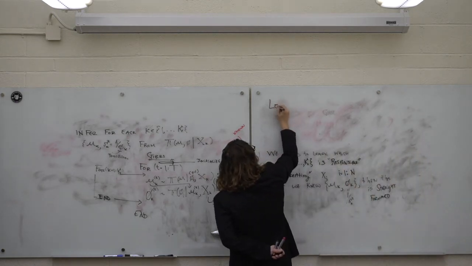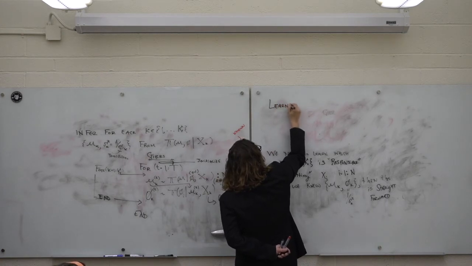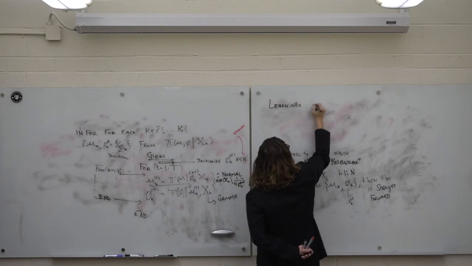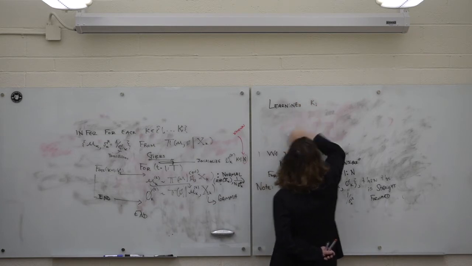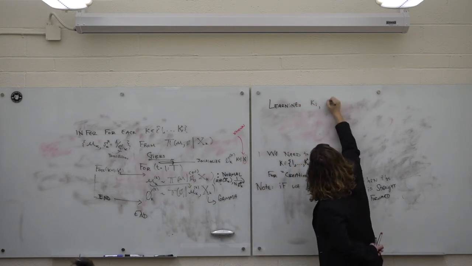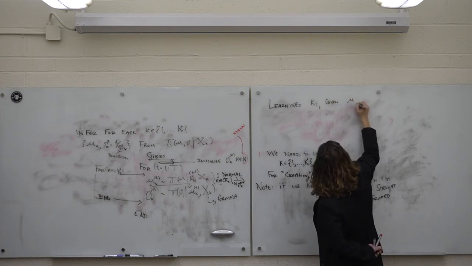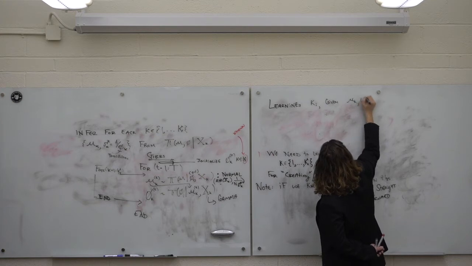So learning the ki's given mu k and phi k.